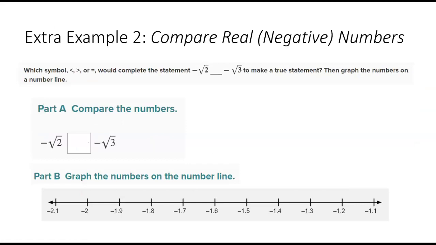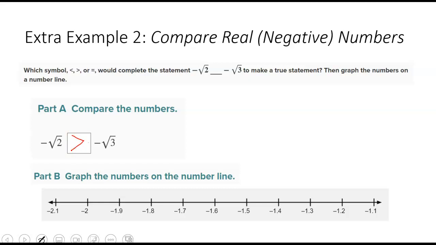So same thing here. If I want to compare this, we're just going to find the decimal values of each. Or actually, these are both square roots, so we don't even have to change them to decimals because they are in the same form. So what would be bigger, square root of 2 or square root of 3? If they were positive, square root of 3 would be bigger, but since they're negative, negative square root of 2 is actually bigger than negative square root of 3.